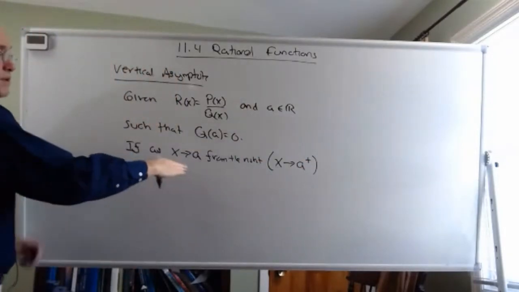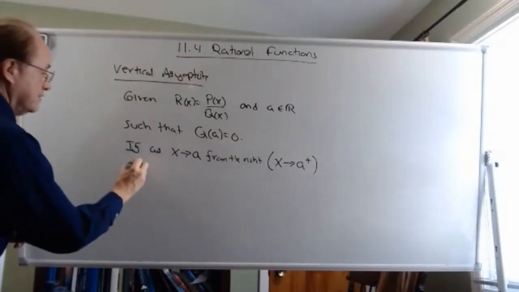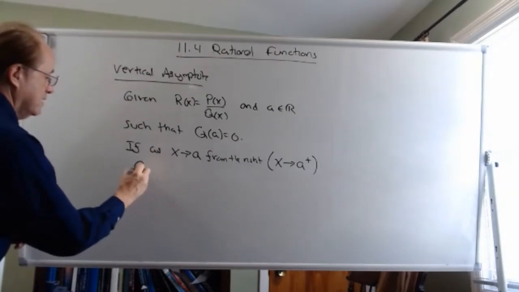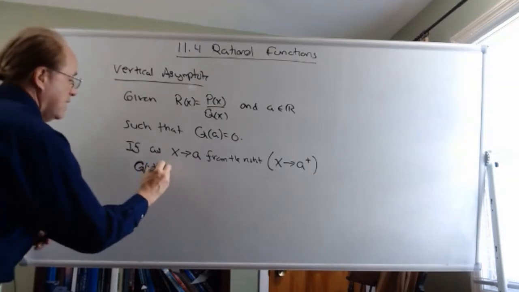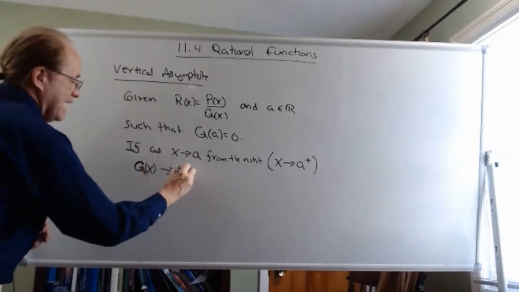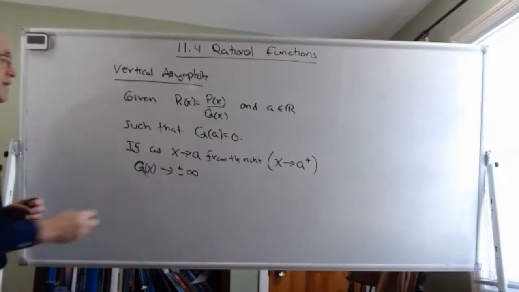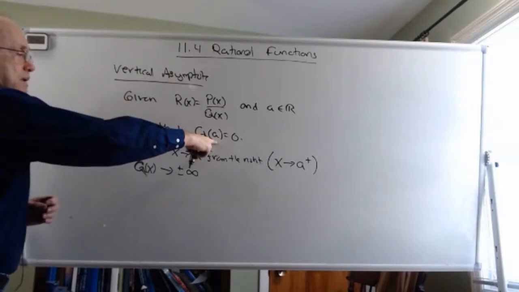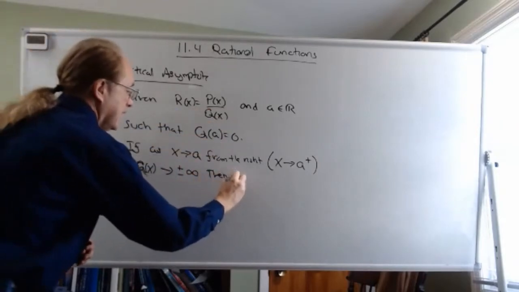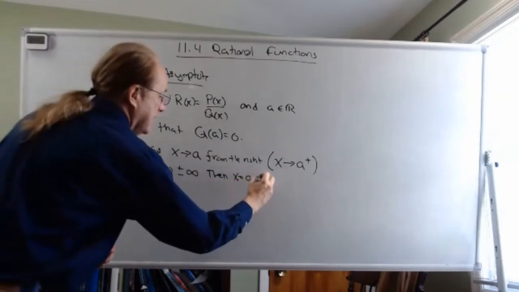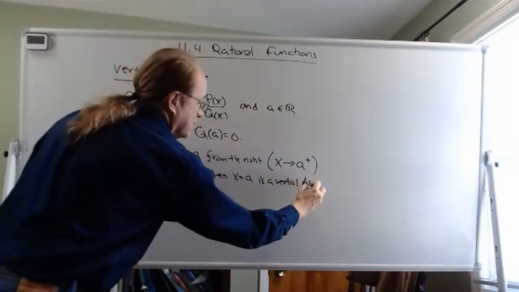So if as x approaches a from the right, Q of x approaches either plus or minus infinity, it could be plus or minus, it doesn't matter, then x equal to a is a vertical asymptote.